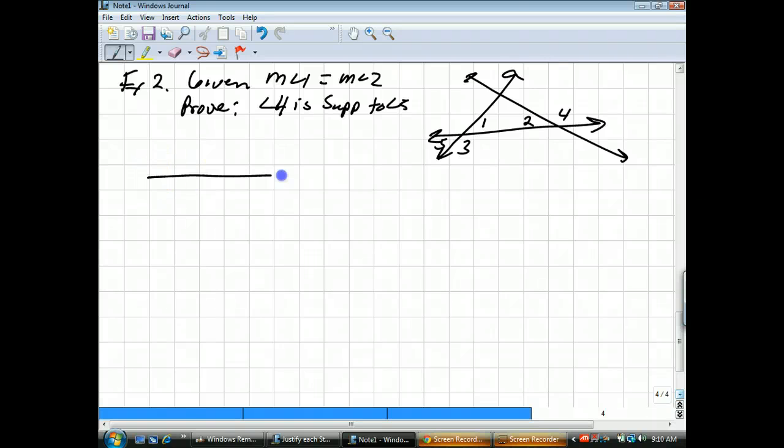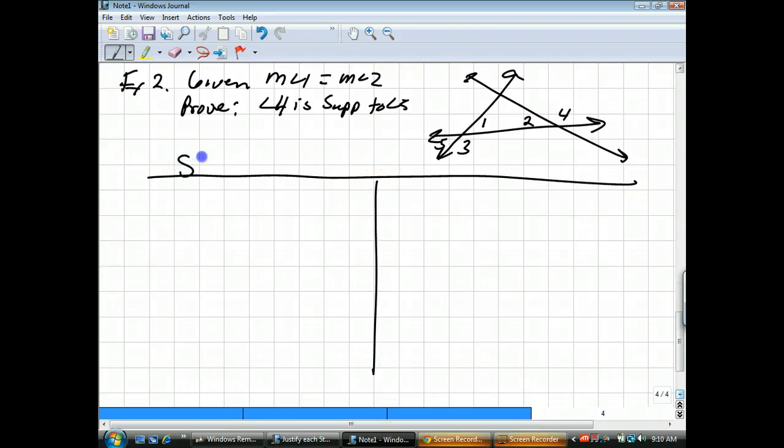Okay, so right, I want to show that angle 4 is supplementary to angle 5. Okay, so if angle 4 is supplementary to angle 5, then I have to know something about angle 2, relate angle 2 somehow to angle 5. So first of all, we know measure of angle 1 equals measure of angle 2.